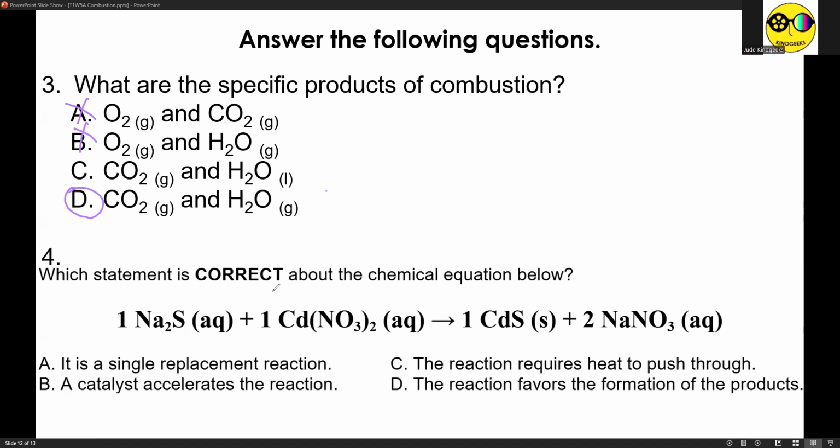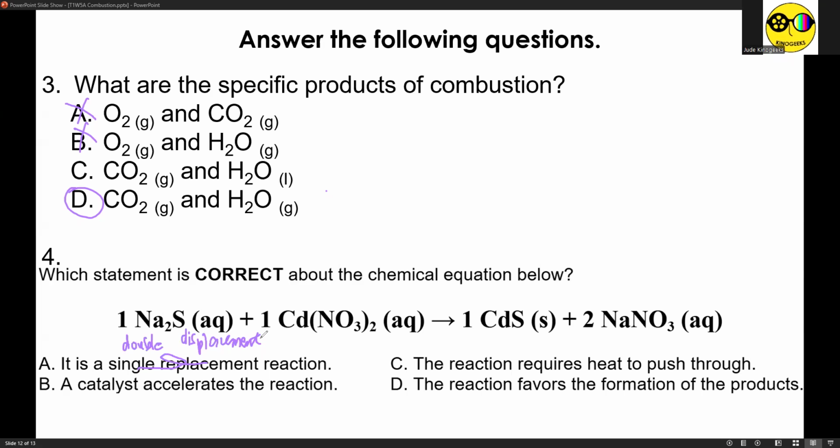This one is incorrect because the reaction is a double displacement one. Na's original partner is S, but on the right side, it became NO3, while Cd's original partner is NO3, and on the right side, it became S. Changing partners, swapping of partners, so double displacement.